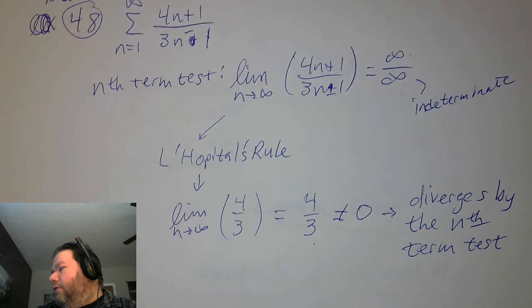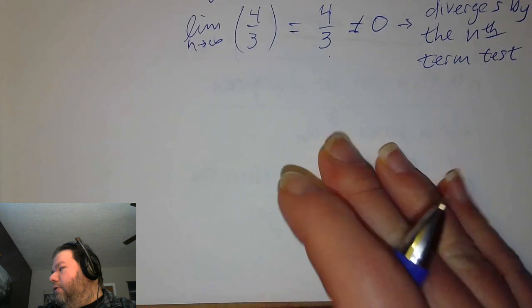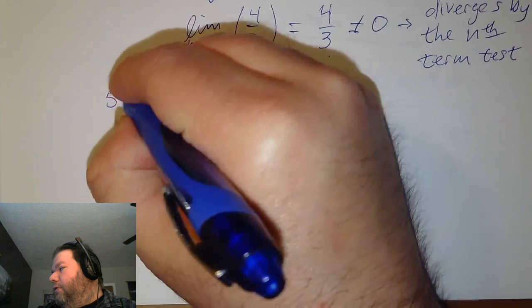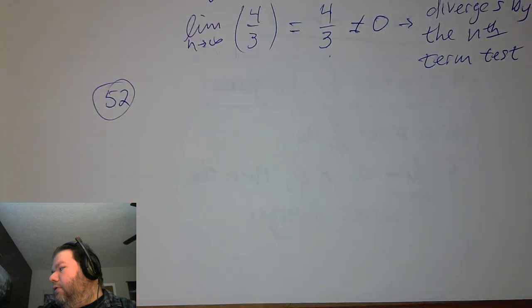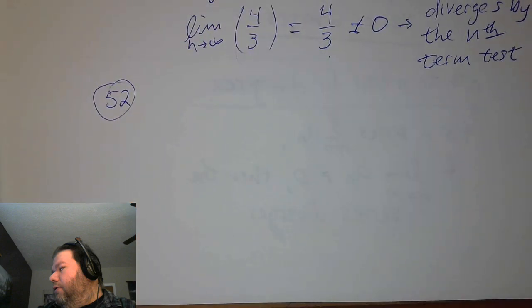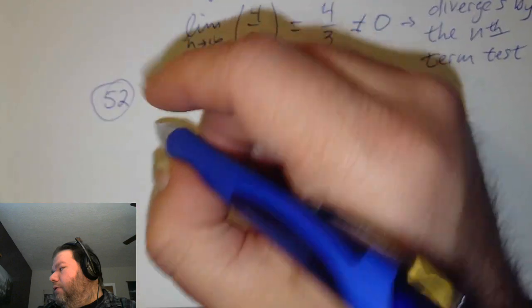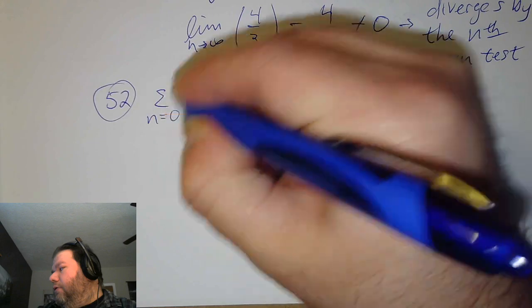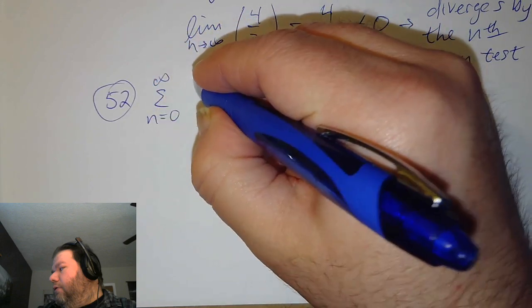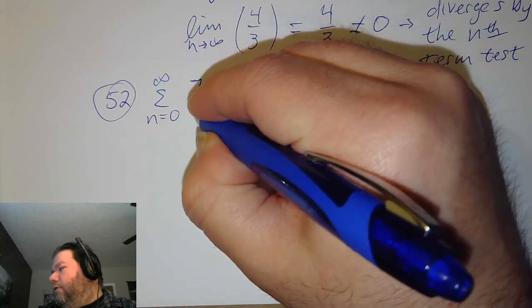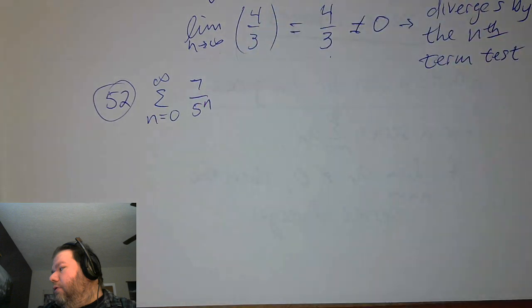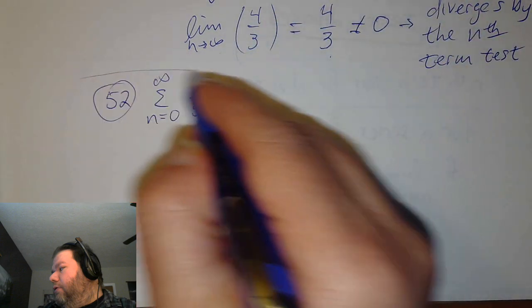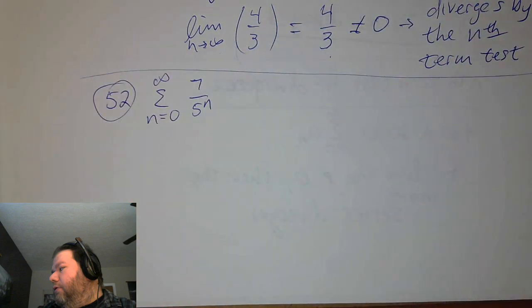Let's look at 52. Let's see, we have sum n equals 0 to infinity of 7 over 5 to the n. Now we look at this and we might think, well, let's try the nth term test.